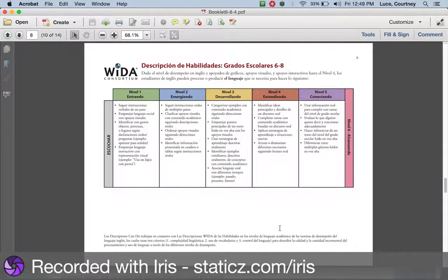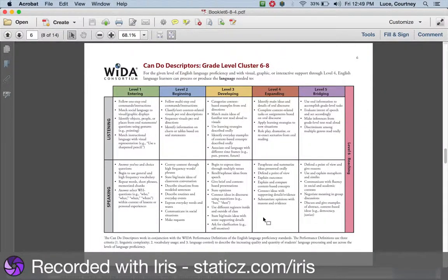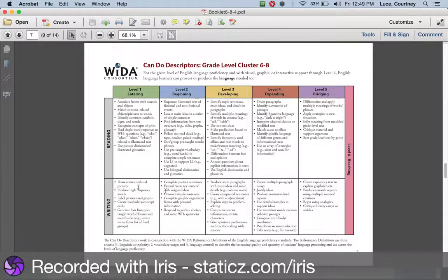If you scroll down, they have the same thing for writing. Within writing, they should be able to draw content-related pictures, complete pattern sentences, or produce short paragraphs. One of the things you're going to notice is that what they can do in speaking will come before what they can do in writing, so these levels aren't going to be the same for each.